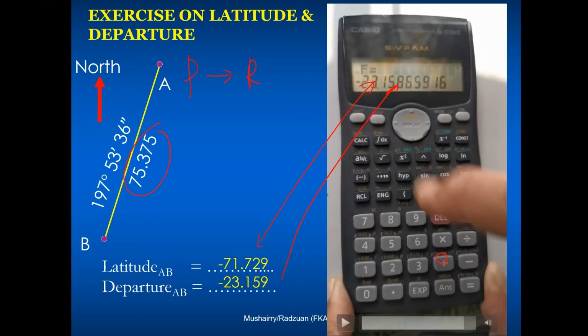So that's how you use the function in your calculator to calculate those values easily. You don't have to worry about which quadrant it will fall in, because if you notice, automatically it will give you a minus, because now we are going south and going west.